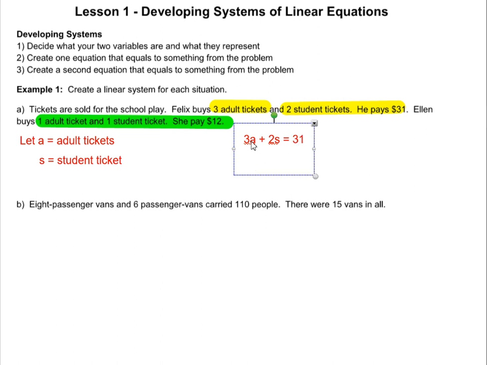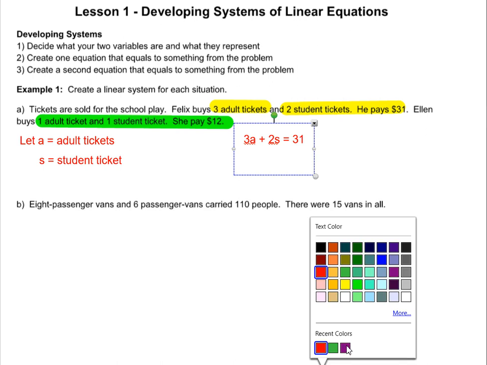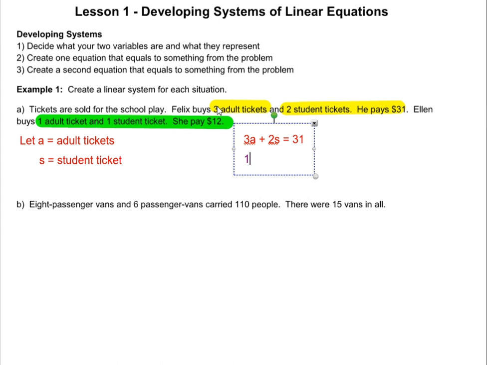Our second equation is going to be from the second part, the green part, and it says 1 adult ticket plus 1 student ticket was equal to $12. This here is what we would call a system of linear equations. It's two equations that are representative of the same thing, but aren't exactly the same.